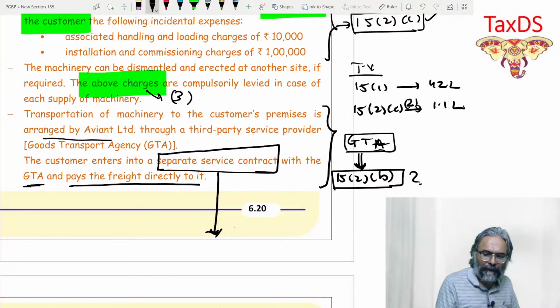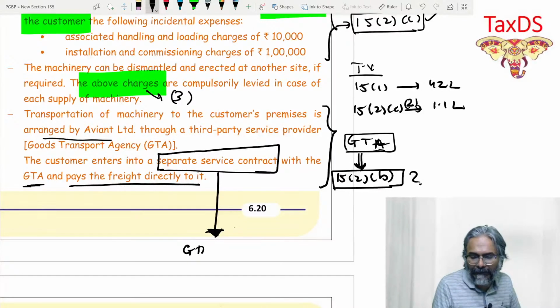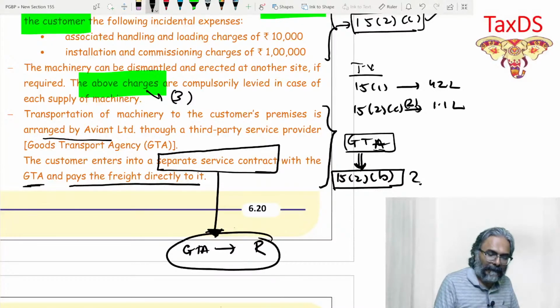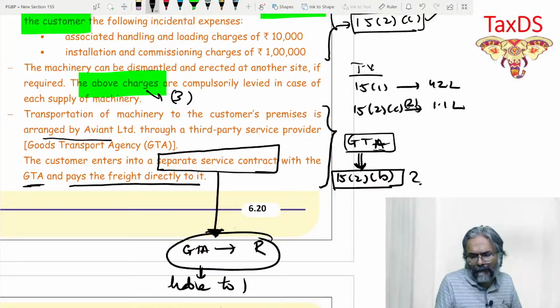Between the GTA and the recipient, in this case the customer. They have used the word customer. So who is liable to pay? The liable party is the recipient customer.